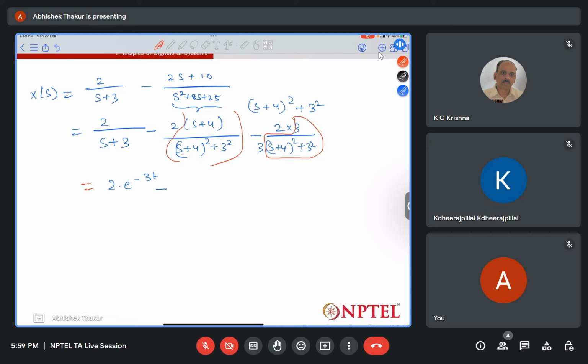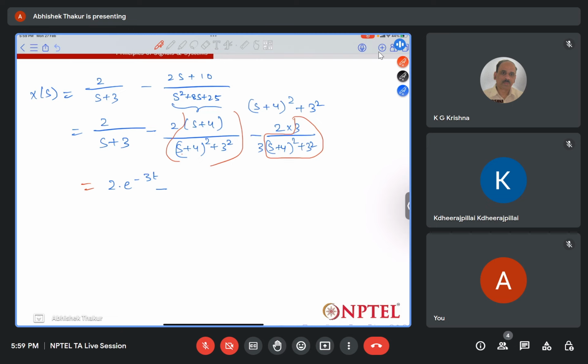So that we can easily find the Laplace transform, because we know that for cos t, the Laplace transform is s by s squared plus 1.